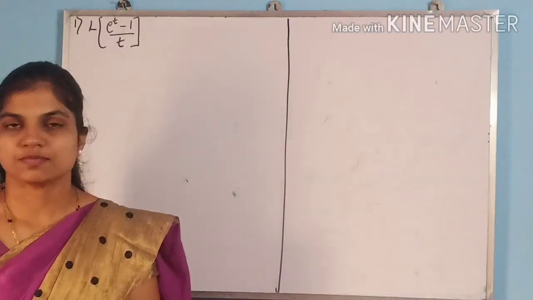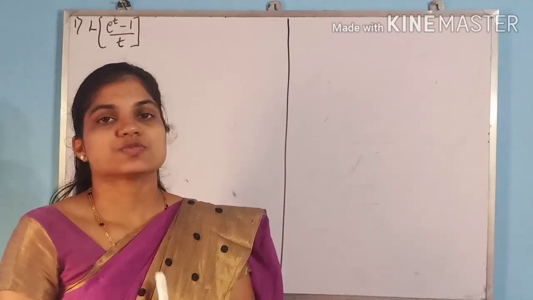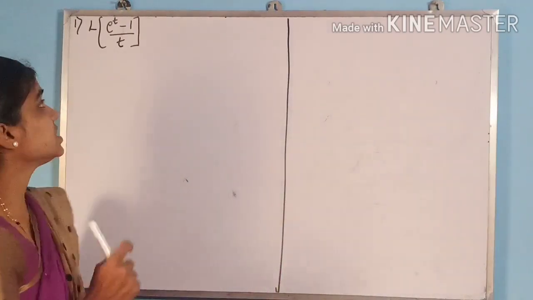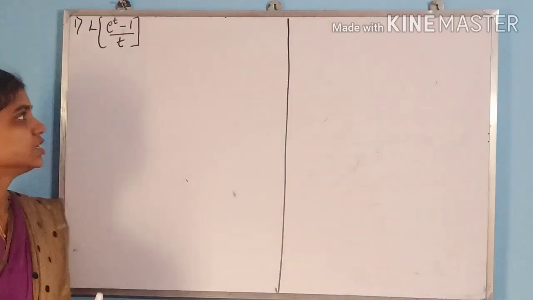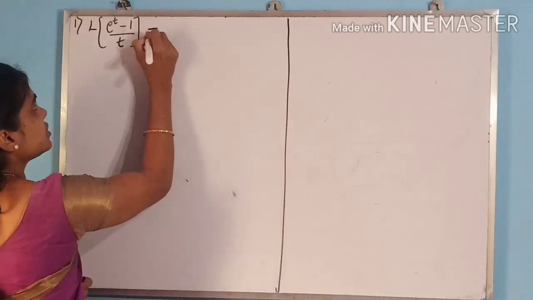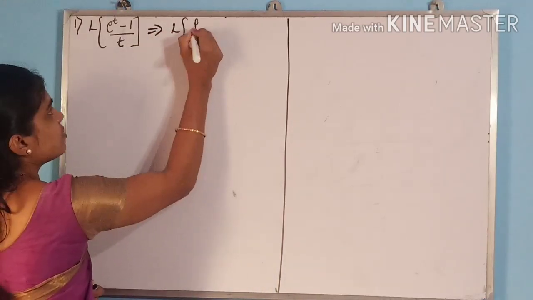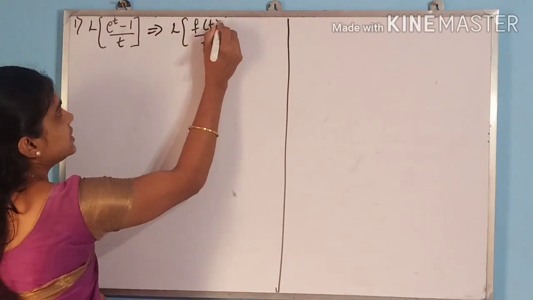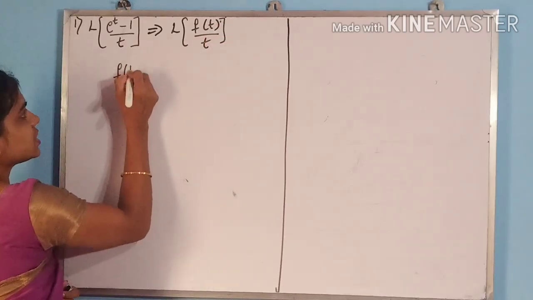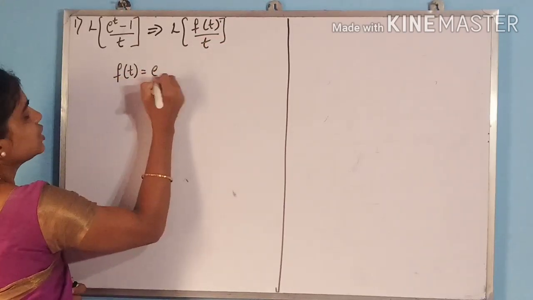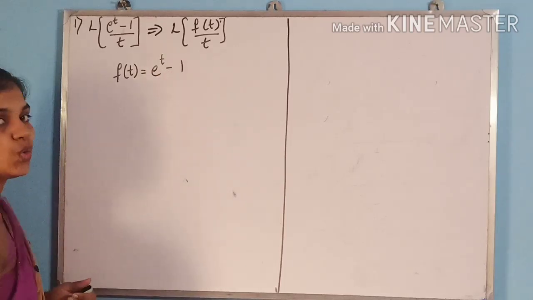So let's solve some problems related to this. Laplace transform of e to the power t minus 1 by t. If you see this question, this is of the form Laplace transform of f of t by t. So what is our f of t? It is e to the power t minus 1.